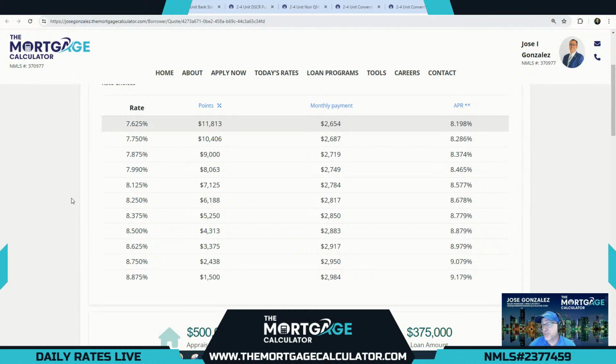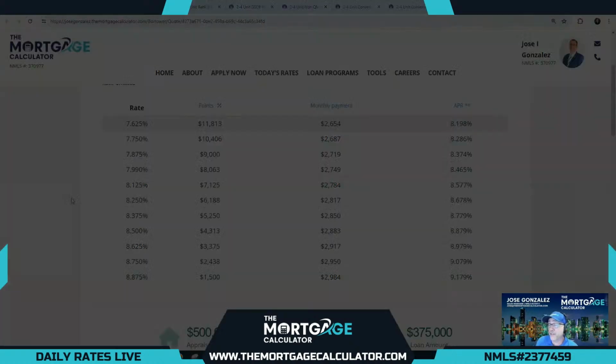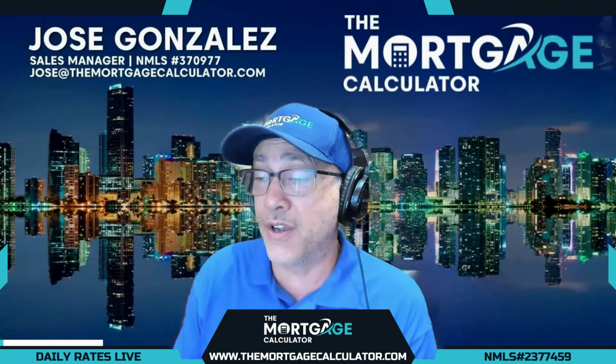But the example that I wanted to show you was the 85% LTV example, because until very recently, we did not have an option for a 4-unit property on a DSCR purchase with only 15% down, right? So that's really what I wanted to highlight on that example, is that now with 4 units, we can go up to 85% LTV for a DSCR.